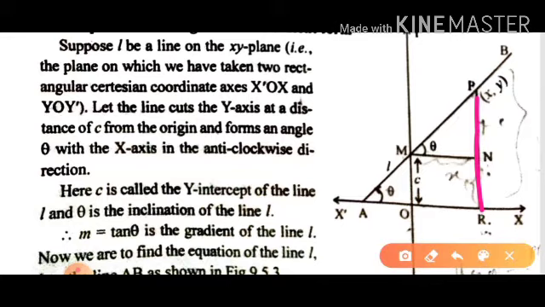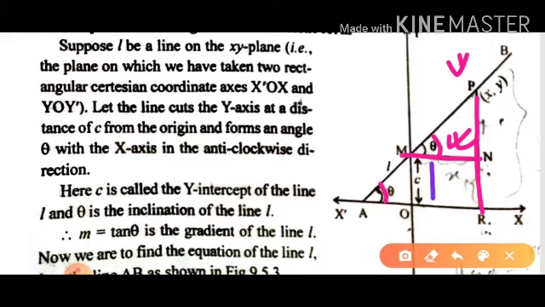This is a perpendicular, and this is another line parallel to the x-axis, so this angle and this angle are equal, being corresponding angles. Now this point P is (x, y). This theta is the inclination of this line AB, where m will be the gradient.